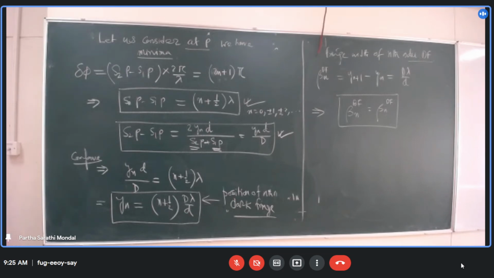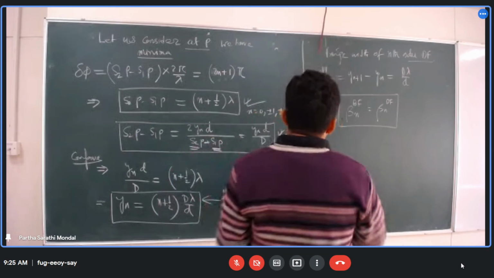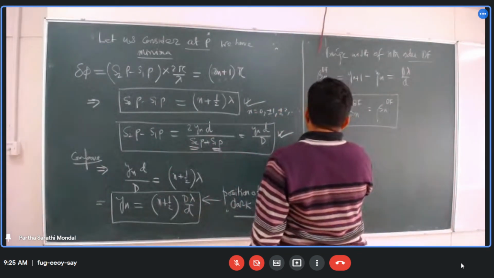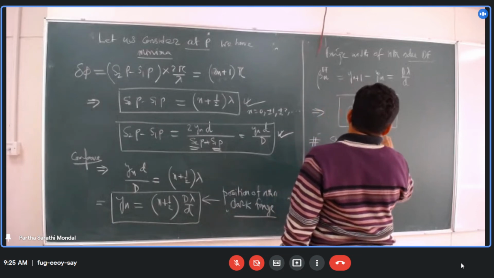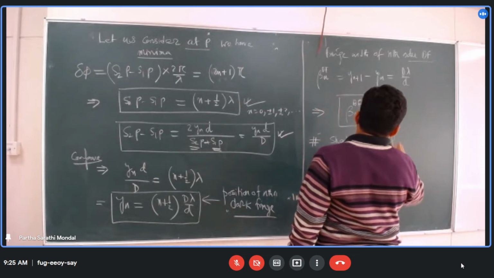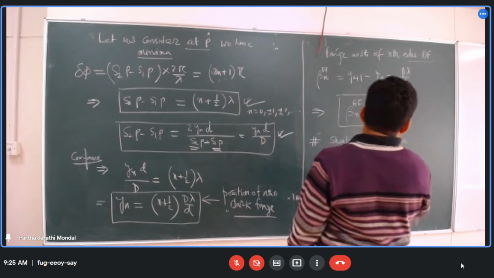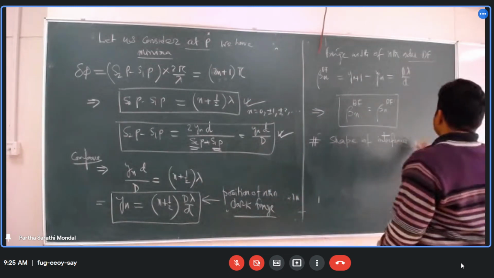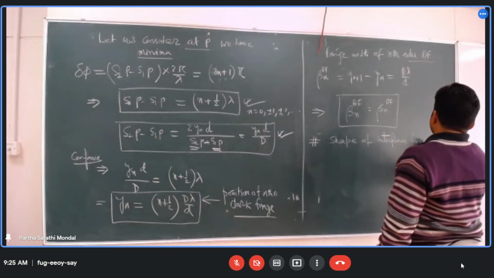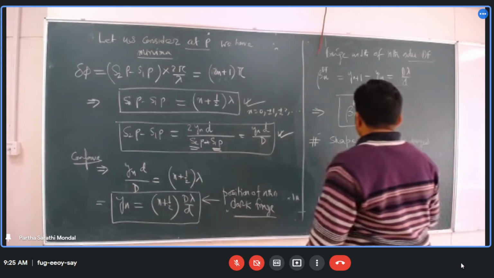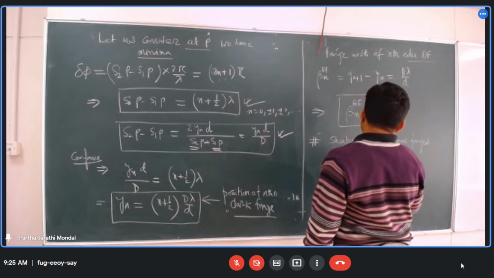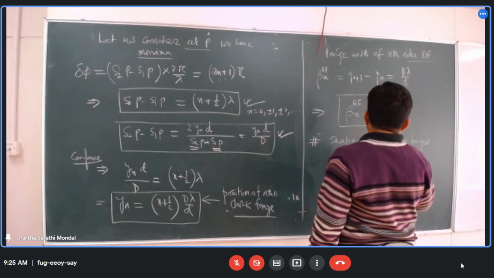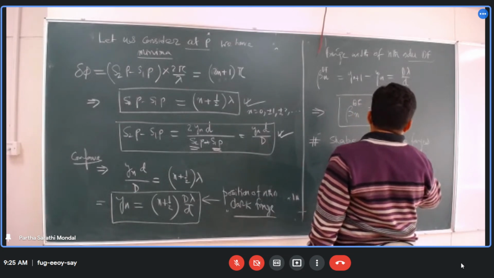Okay, what is the shape of the interference pattern? The shape of interference fringes of Young's double slit.